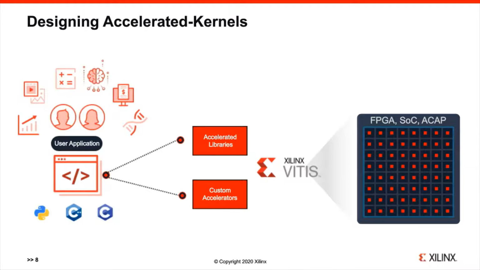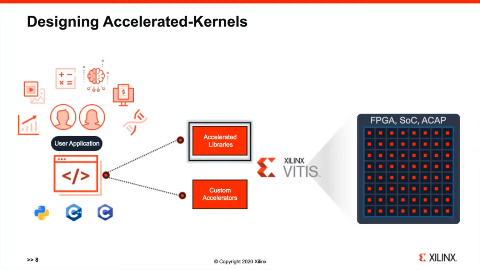And second, designing your own custom accelerators. And you can do this in MATLAB and Simulink, you can use RTL IPs, or you can design them from scratch in C and C++, using compiler directives to steer performance optimizations. Let's focus on the accelerated libraries for the rest of this presentation.